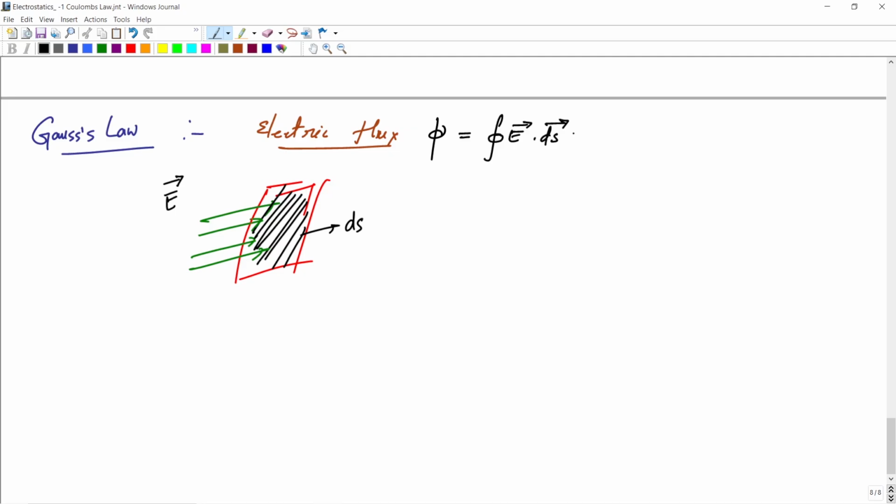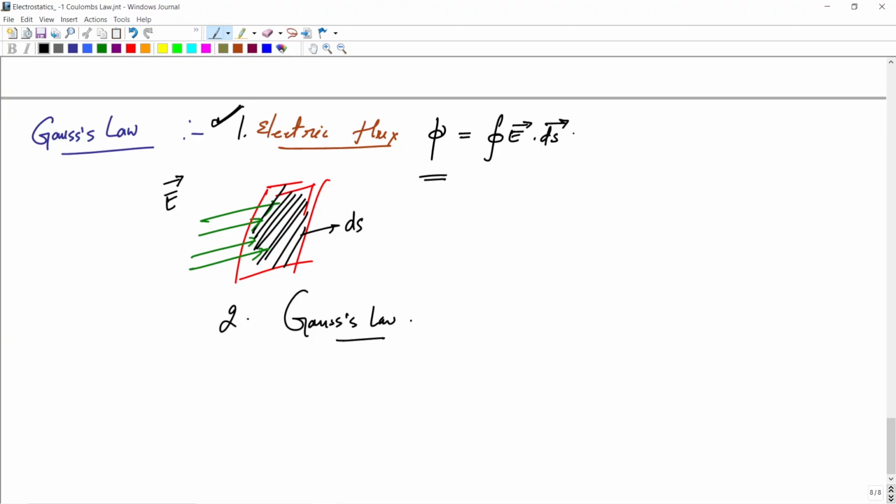Now the next formula we discuss is Gauss's law. Before we discuss Gauss's law, first clear the concept of electric flux, because it is related to Gauss's law.